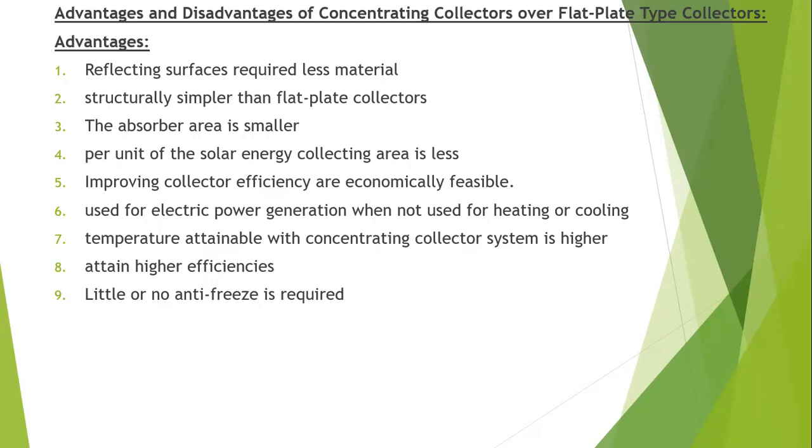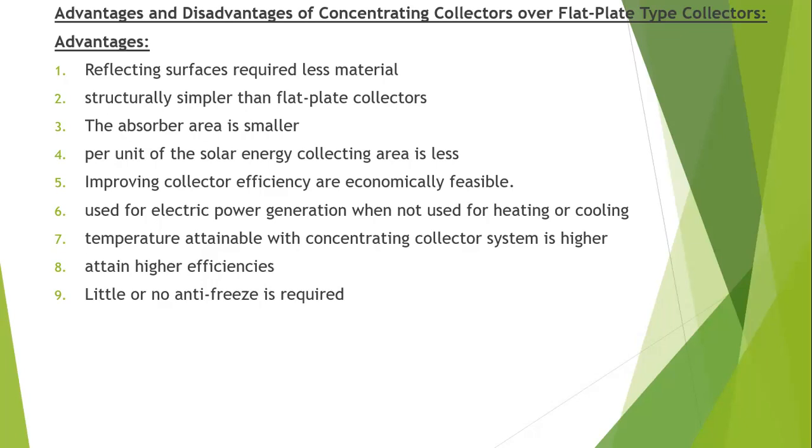These lower loss rates increase the collector efficiency and are economically feasible. So overall collector efficiency is economically feasible. This is the important point we require. We want a collector of higher efficiency with less cost. So this is proved to be better in concentrating collectors over flat plate collectors.